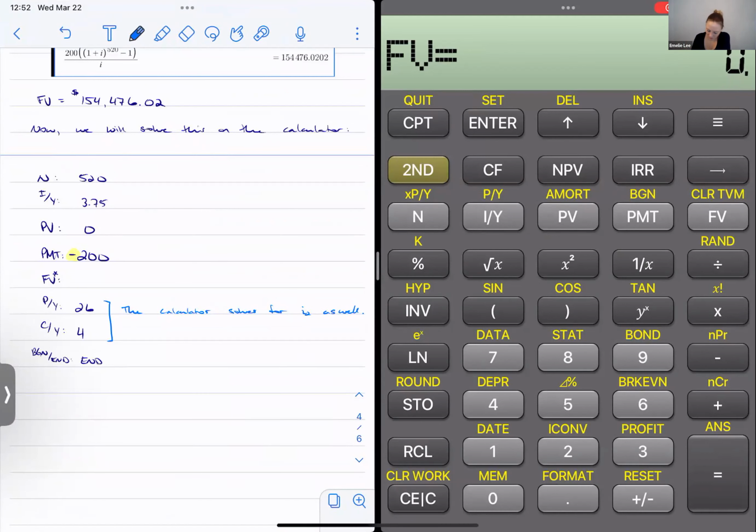Now for the payments per year, I'm gonna change it to 26, enter. Scroll down, compoundings 4, enter. And we're already in end mode, so that's good. And let me just confirm, payments per year, 26, compoundings per year, 4, good, so I can quit.